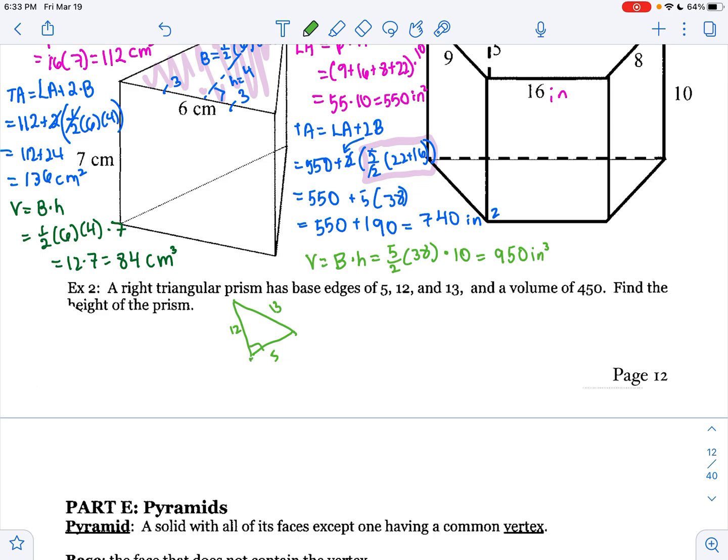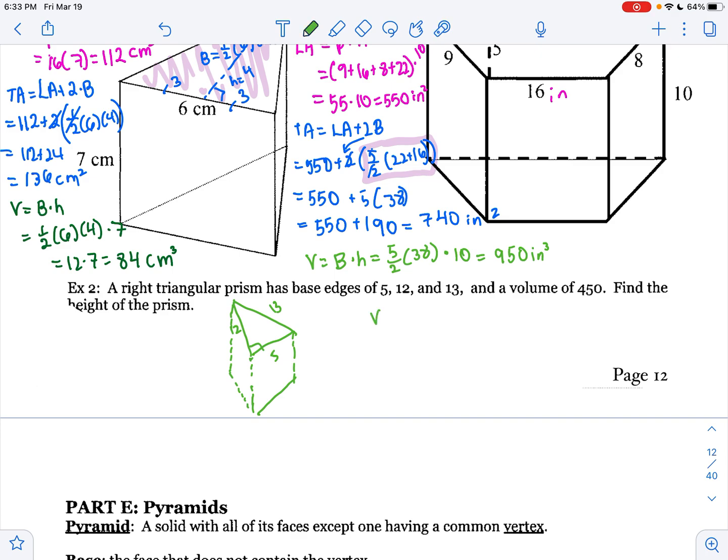So you've got 2 congruent bases that connect to make kind of a cheese wedge looking figure here. And we know that that's a right angle, so therefore this is the base and the height of the triangle. And it's telling us that the volume is 450.